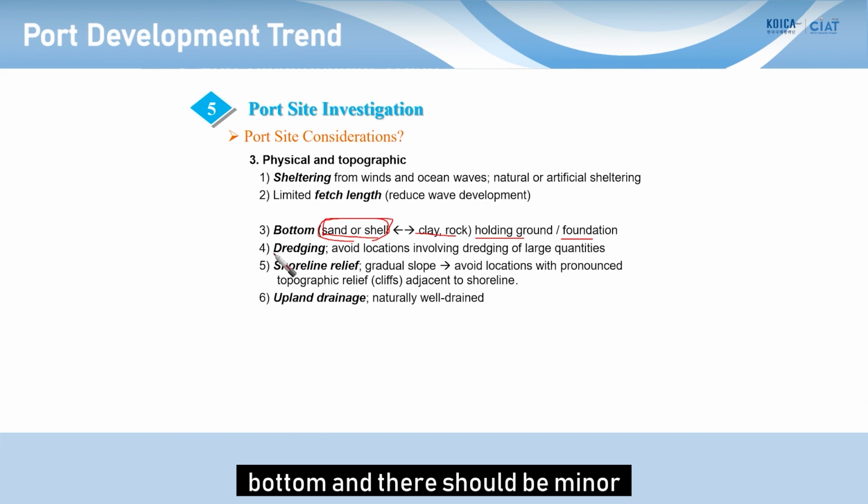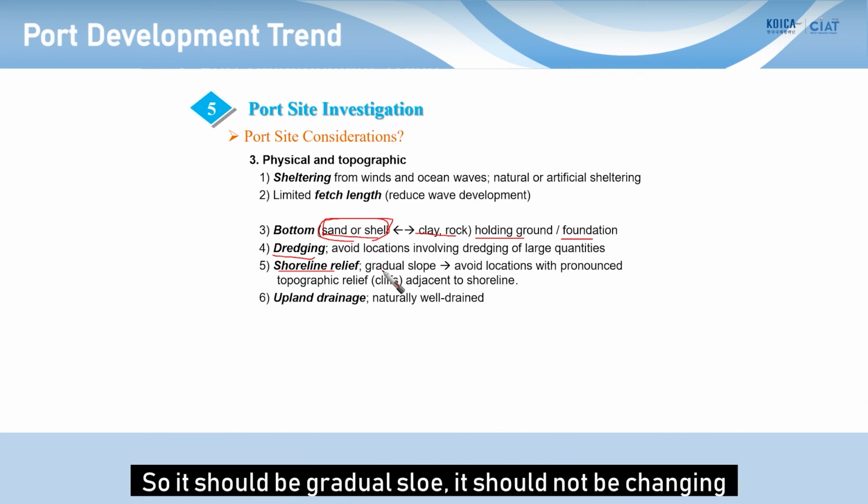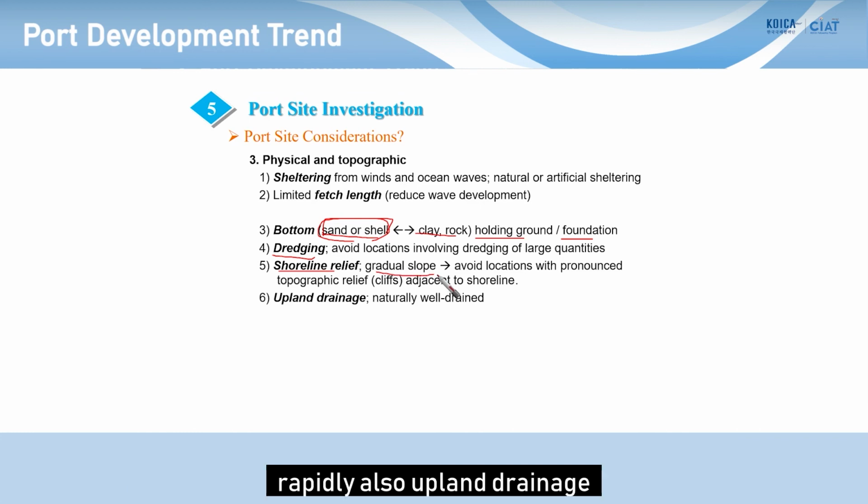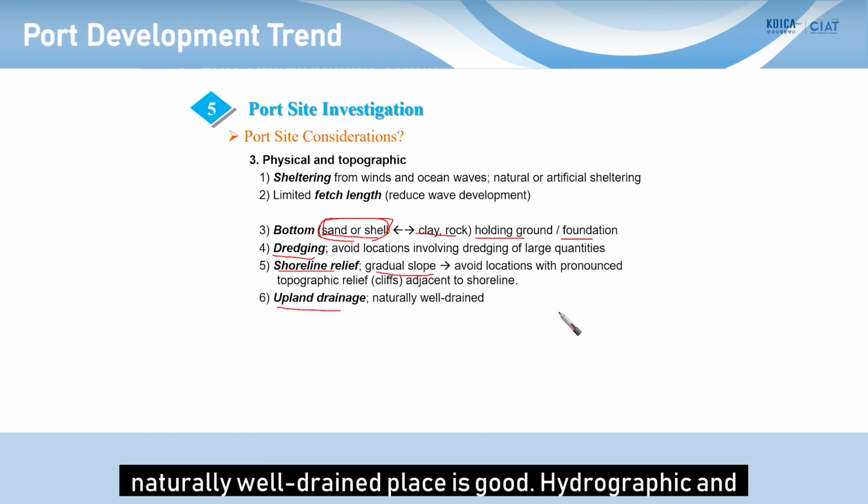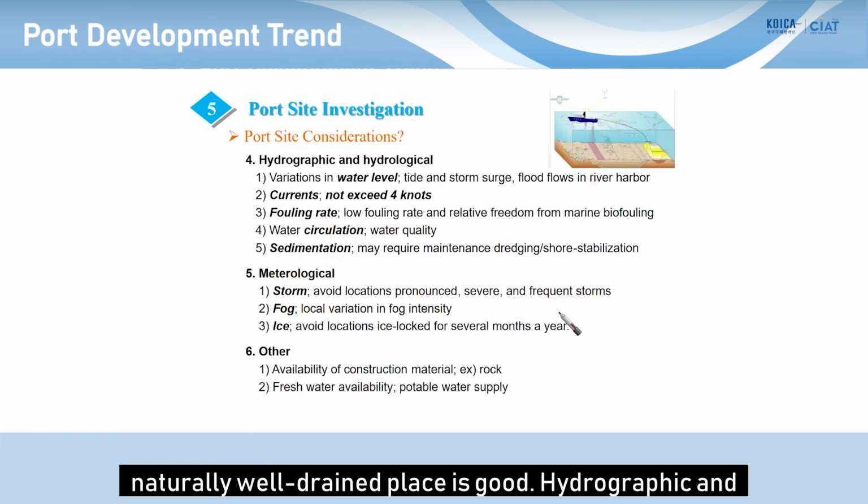And there should be minor dredging work at your port site area, and then a short dry dock. The shoreline is going to move around depending on erosion and accretion, so it should be a gradual slope. It should not change rapidly. And also upland drainage: as much as possible, a naturally well-drained place is good.